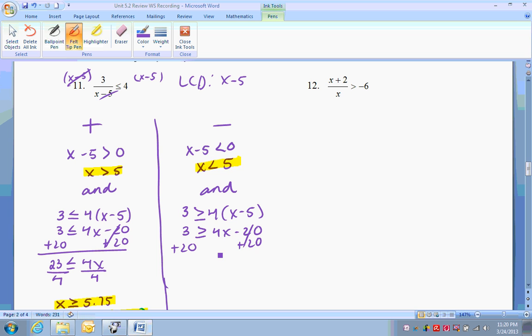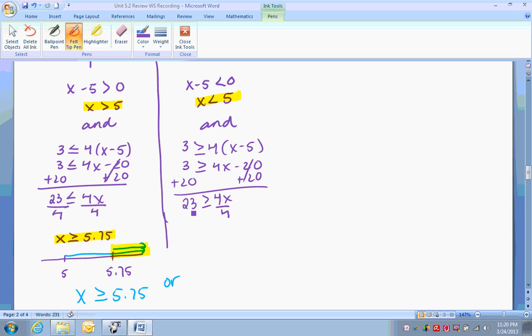Add 20 to both sides, and you're left with 23 is greater than or equal to 4x. Divide by 4, and you get x is less than or equal to 5.75.